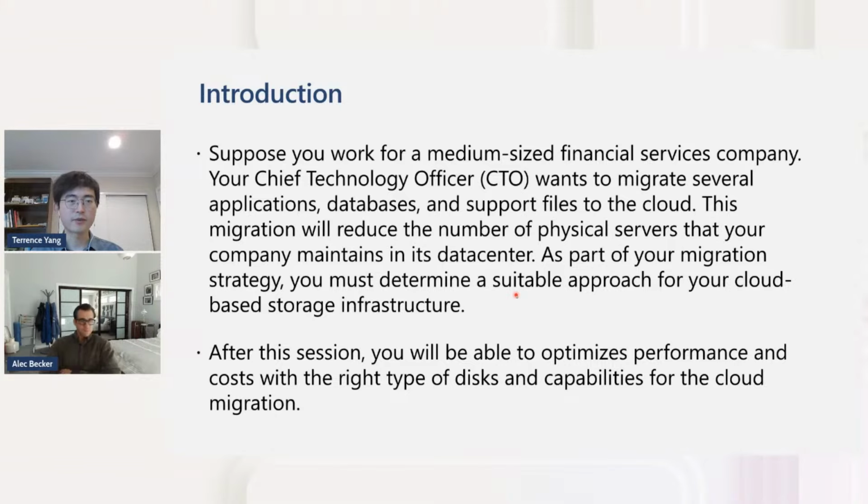As part of the migration strategy, you have to determine the suitable approach for your cloud-based storage infrastructure. You have to pick the right disks for the right application. After this learning session, you will be able to optimize performance and cost, and select the right type of disks and capabilities for the cloud migration project.